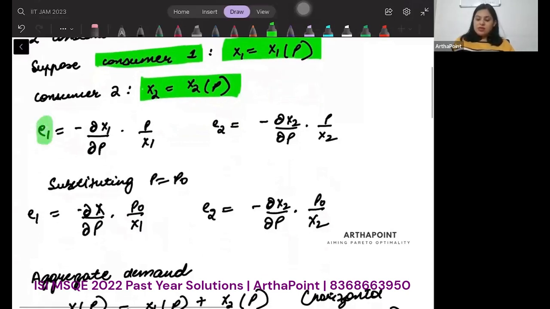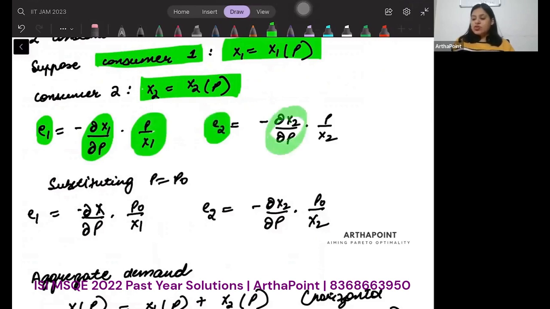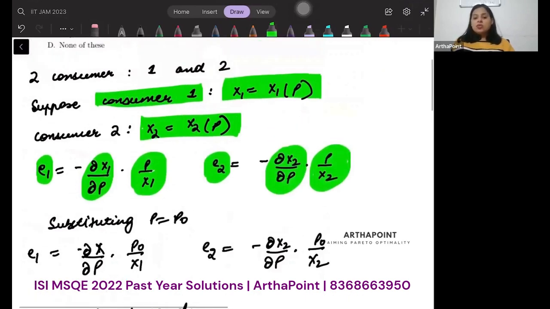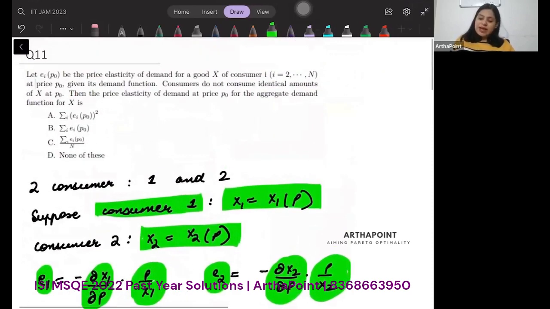So E1, the elasticity, will be how x1 changes as P changes, into P by x1, right? And E2 will be how x2 changes as P changes, into P by x2. Now, this tells us that the price is P naught, and it tells me consumers do not consume identical amounts.